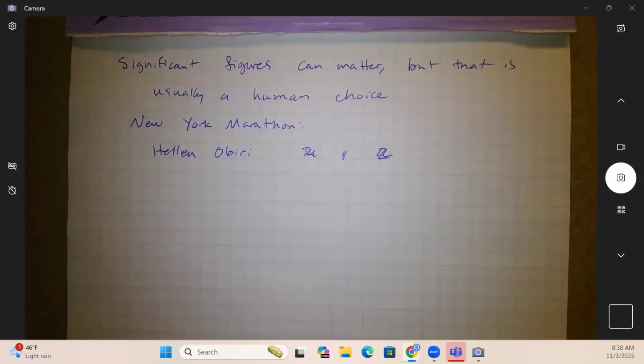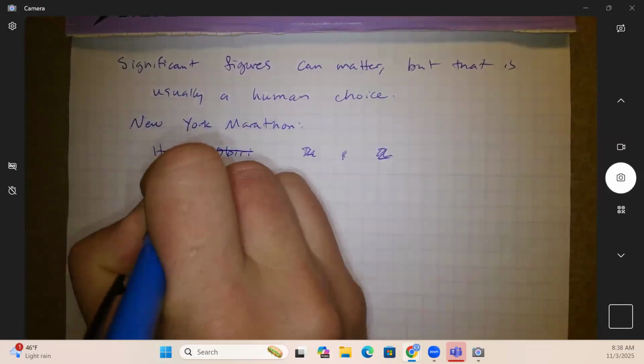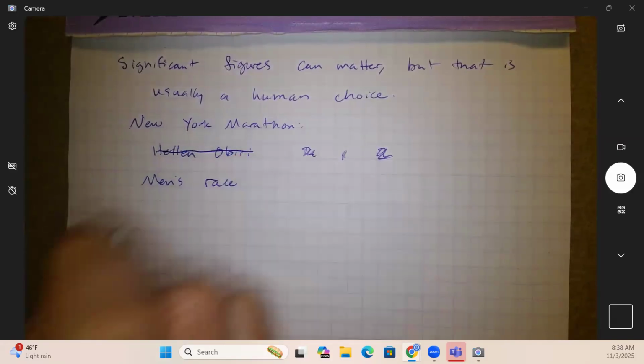All right. Where are their first names? Benson Kipruto. Nothing wrong with the women's race. It's just the numbers are not working out quite as how I want it.